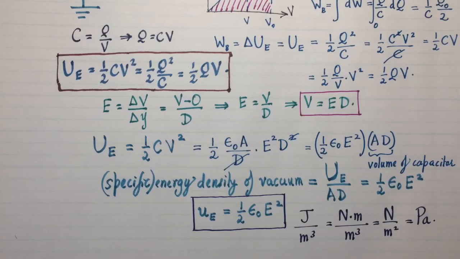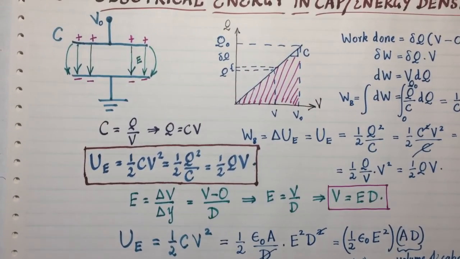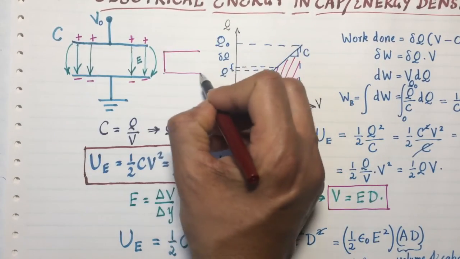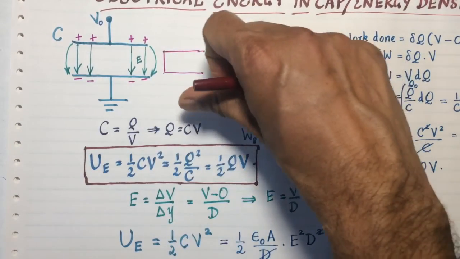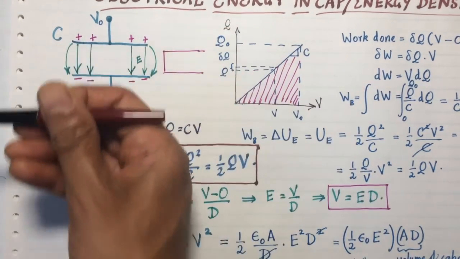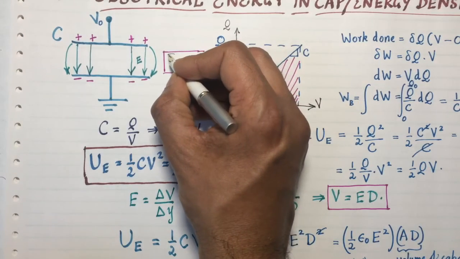In real life, this is how it's going to show up. If you have a capacitor that's got two plates and you try to bring a slab near it, okay, you physically bring the slab with your hand, that slab is going to get sucked in. That suction force is really caused by this energy density. Now, there's a physical way of understanding the suction force, and you can go back to your dipoles.